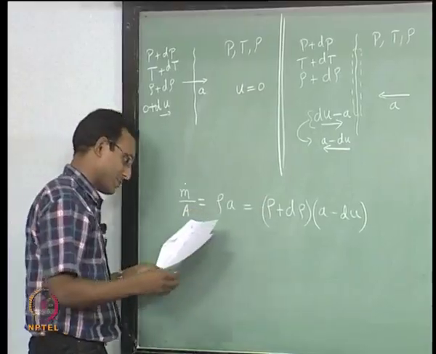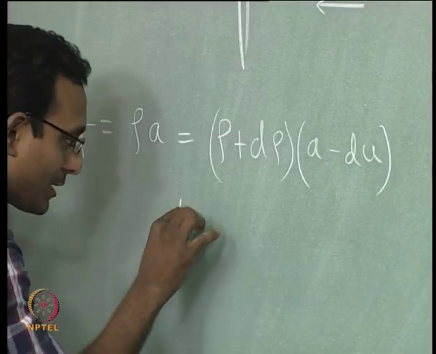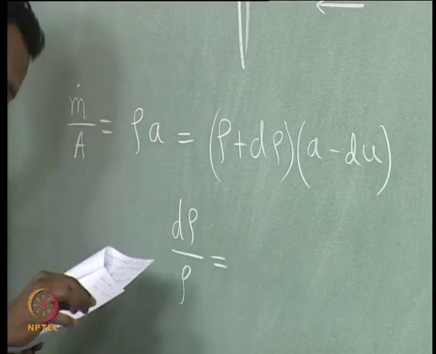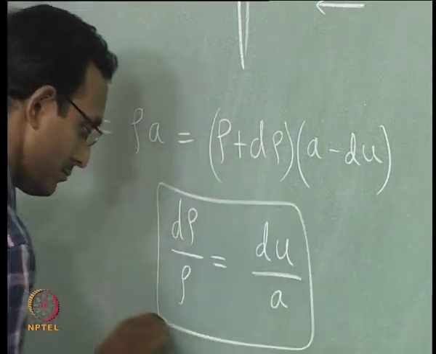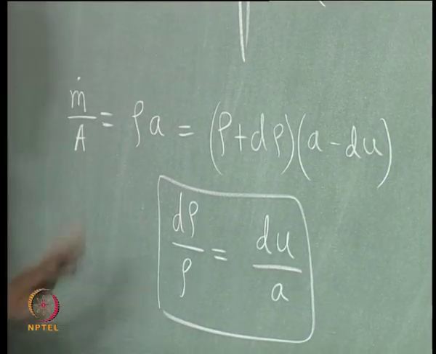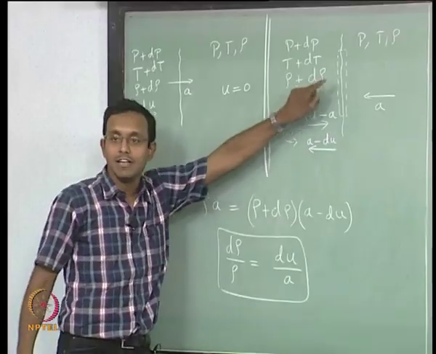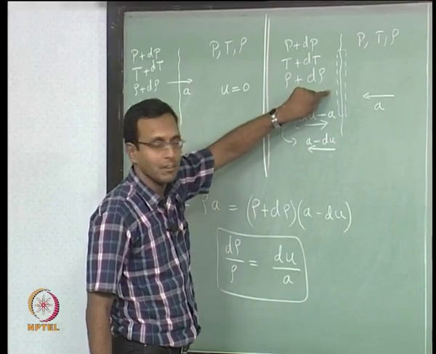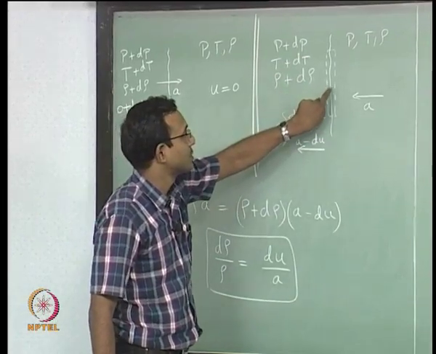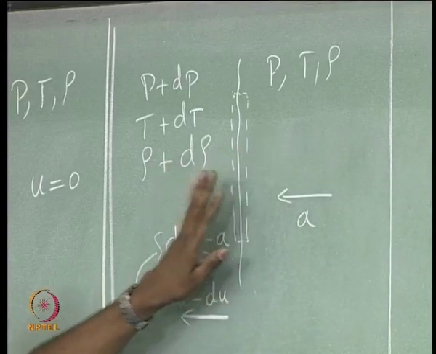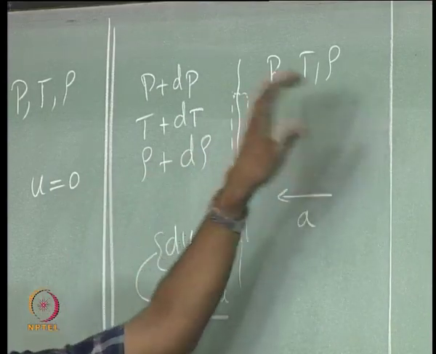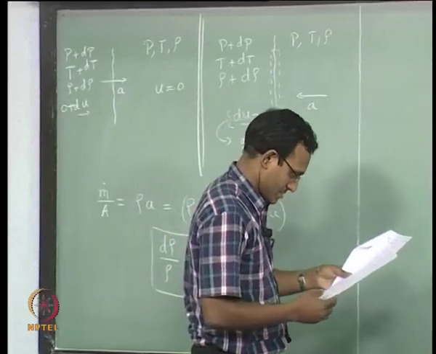This can be simplified to a form where it looks like d rho by rho equals du by a. This is your mass conservation across that wave in this reference frame. We have the reference frame fixed to the wave. With respect to the wave, the fluid is coming in and going out with some other velocity, some other pressure, temperature, and density. That is what is happening.